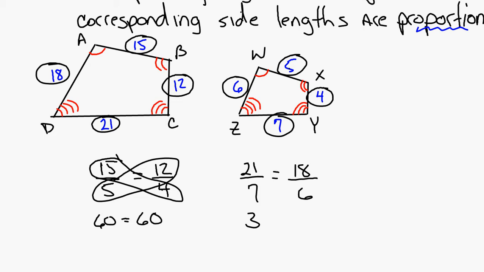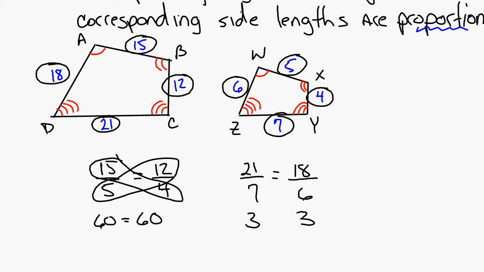So this is an example of two polygons that are similar. All the corresponding angles are congruent, and the corresponding side lengths are proportional. Does that make sense? Both of those scenarios have to be true in order for the shapes to be called similar.